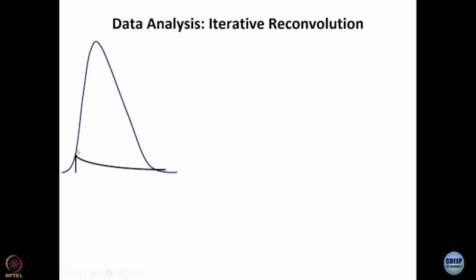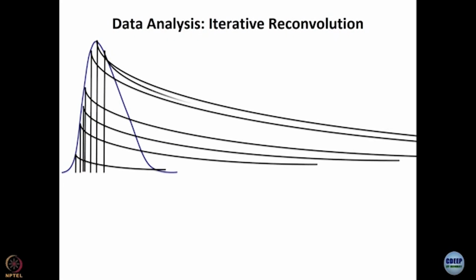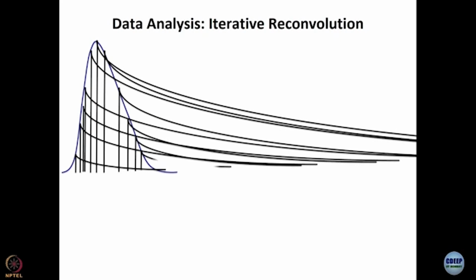That will also give rise to another decay like this. What about the next delta pulse? Same, and this goes on, right. This is what the meaning of deconvolution is. Okay. All these delta pulses under the instrument function gives rise to a decay.